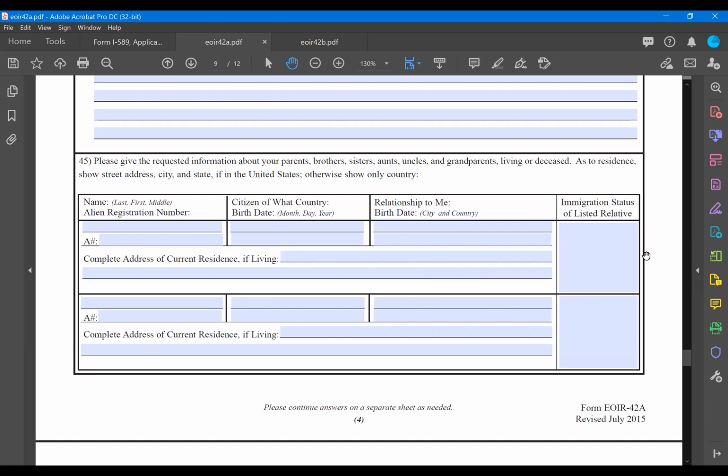If somebody is really, really concerned about putting the address, sometimes we can just put maybe like San Francisco, California, and not put the address line, but it's not going to harm them to put the address for an undocumented family member. I've never seen it happen, that anything negative happened because of that.